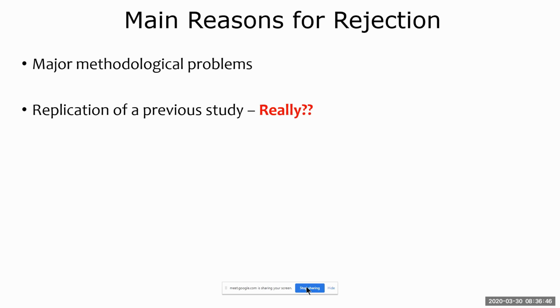If you don't find that, or if you are very fresh and don't know how to find out, then the best thing would be to email the editor and say, I'm interested in sending my study to your journal, and I want to know if this is a good fit for your journal or not. So that can be one method.